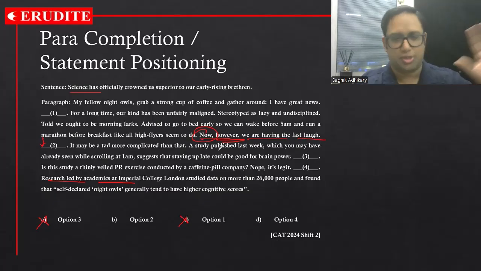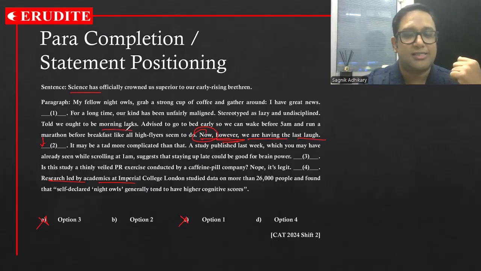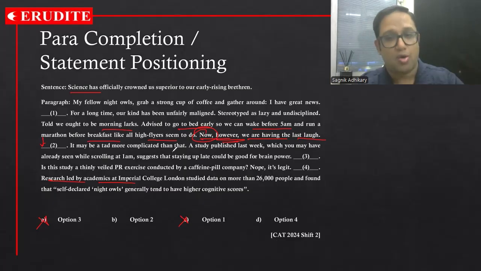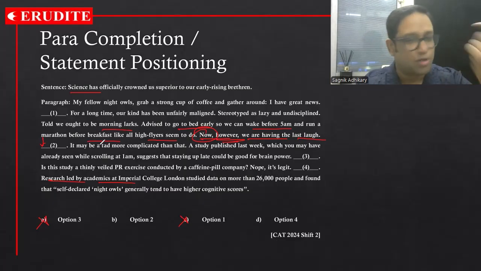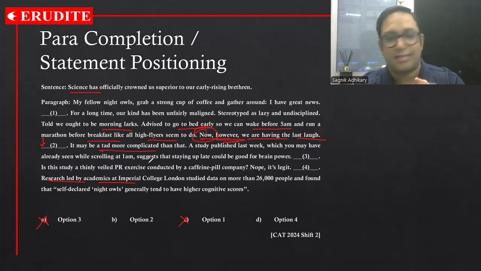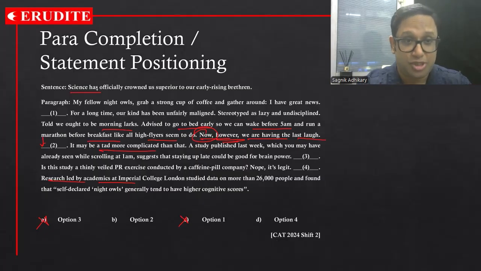The common notion is that people keep telling us we should be early morning larks instead of night owls: wake up early, go to bed early, wake up before 5, run a marathon before breakfast, like all high flyers seem to do. Now, however, we are having the last laugh. We don't introduce why we are having the last laugh, then immediately pivot again and say it may be a tad more complicated than that. Doesn't make sense.